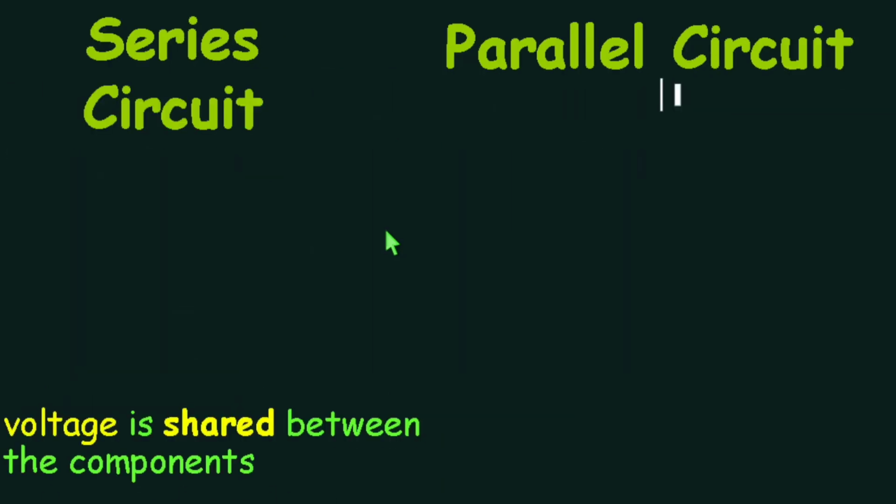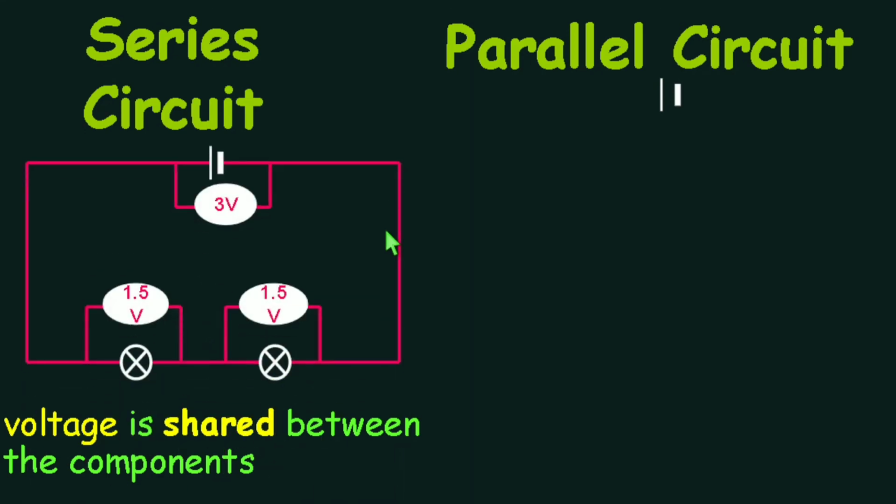In a series circuit, voltage is shared between the components. Like in our example here, the voltage of the source or the dry cell is 3 volts. And in our series circuit, we have 2 components. Therefore, these 2 components will share the 3 volts, so they will have 1.5 volts for each component.